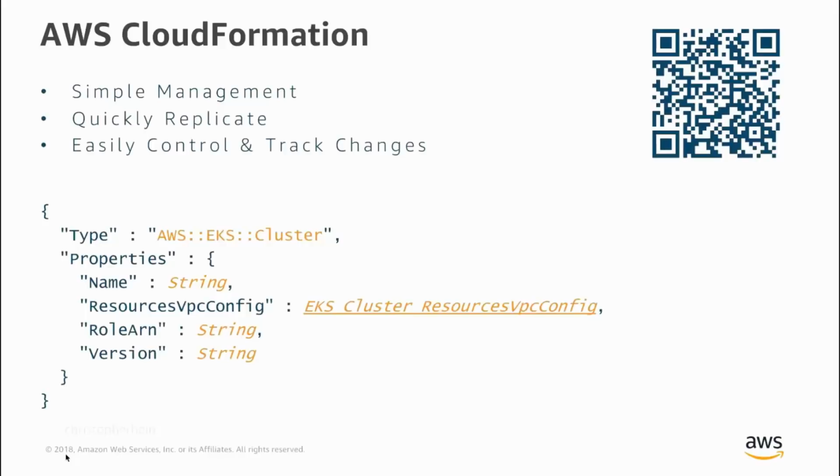This is a slice of what a CloudFormation template looks like to deploy an EKS cluster. There's some other components that go into it, for example, the VPC and the subnets that you'll typically have in the same template. But this is what it takes to actually deploy just that base. If you'd like to scan the QR code in the corner, that'll take you to the Getting Started guide where you can take a look at all of the CloudFormation templates and how to get started.